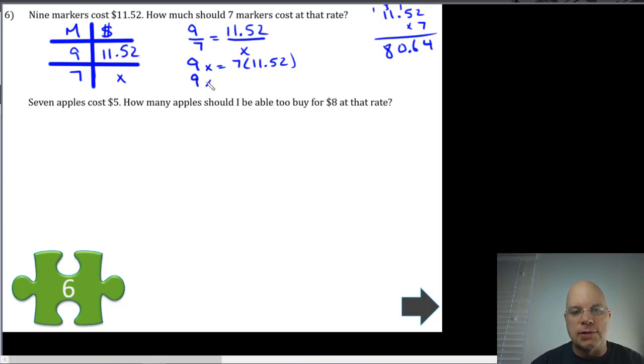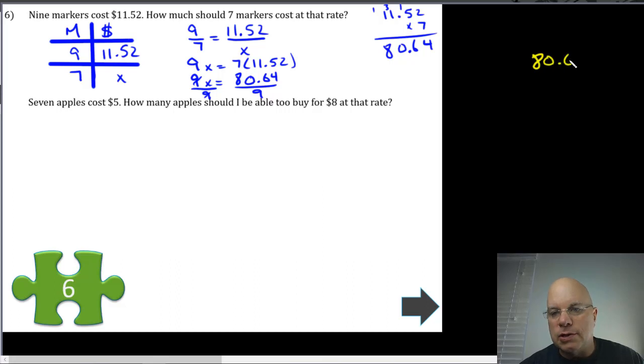So 9x is equal to 80 and 64 hundredths. In order to find x, we need to divide by 9 so that I get 1x. 1x is x. So now I need to do 80 and 64 hundredths divided by 9.